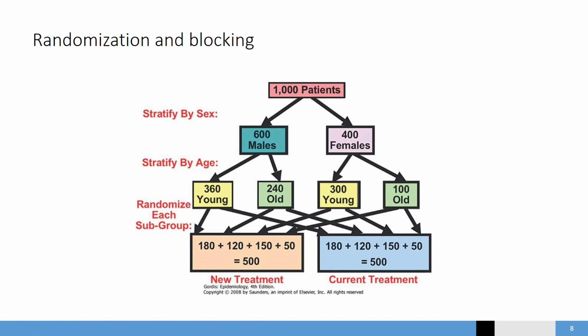In this slide, we have a new treatment compared to the current treatment. So half of these animals will go to the new treatment, the other half will go to the current treatment, and this allocation has to be random.